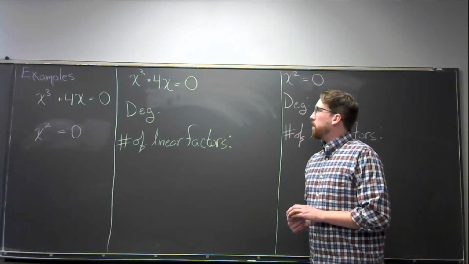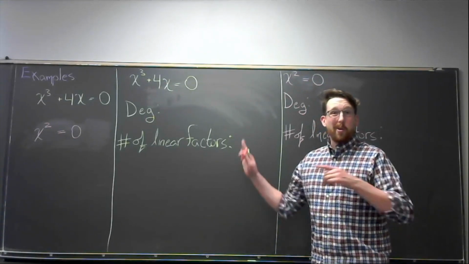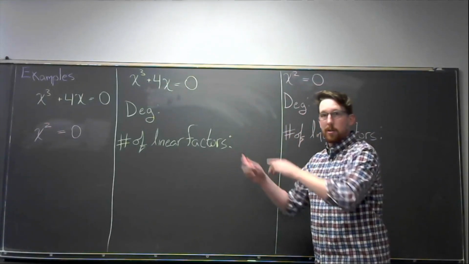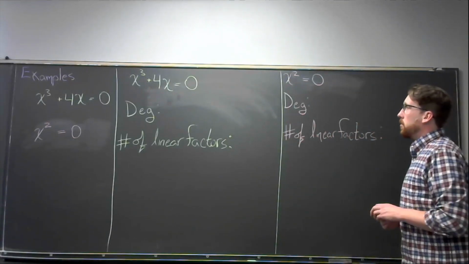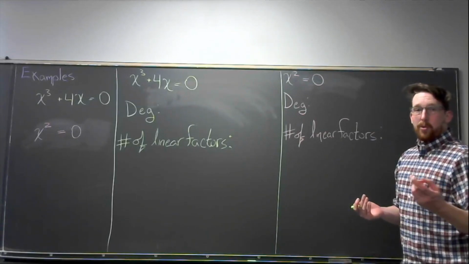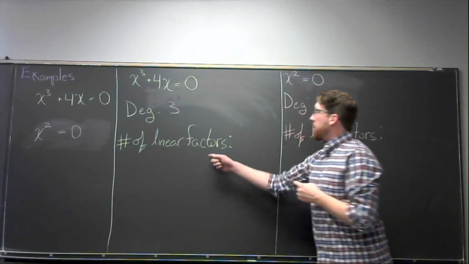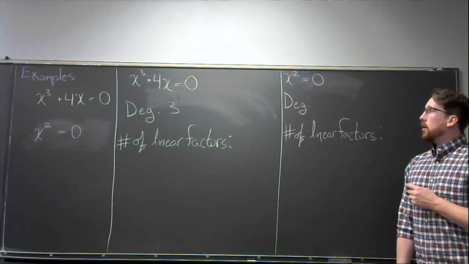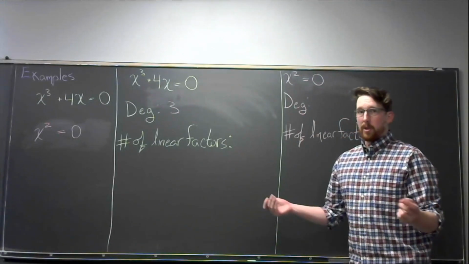To find the degree, we want the highest power of this monster up here. In this first problem, the degree is 3. And the number of linear factors, according to the linear factorization theorem, is just going to be 3 as well.